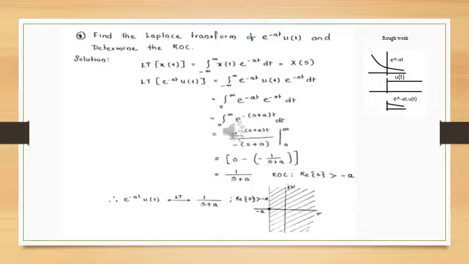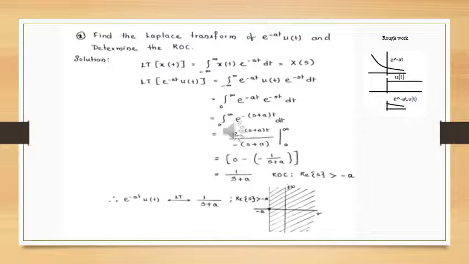Calculate the Laplace transform of e raised to minus at u of t and determine the ROC. For any signal, Laplace transform of x of t is equal to integral from minus infinity to infinity x of t e raised to minus st dt.